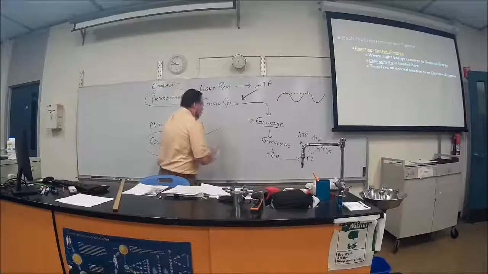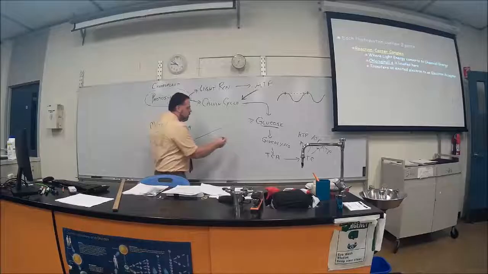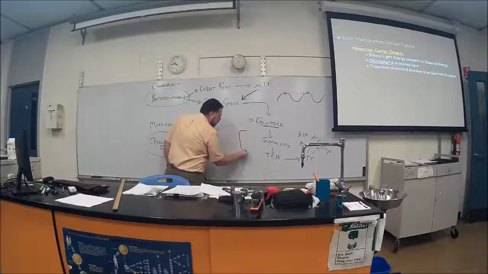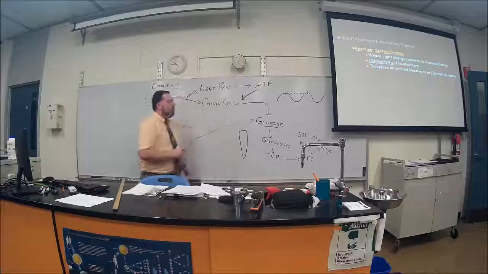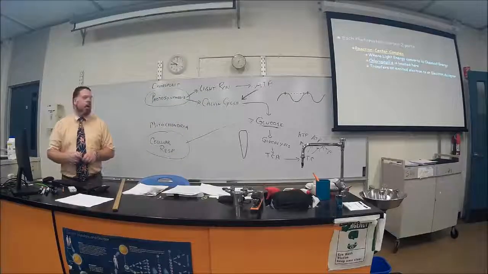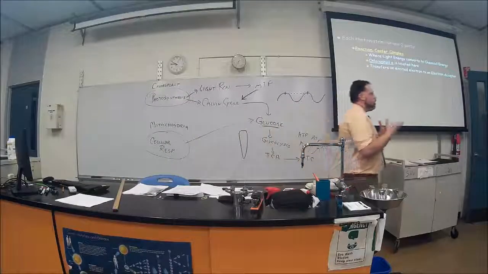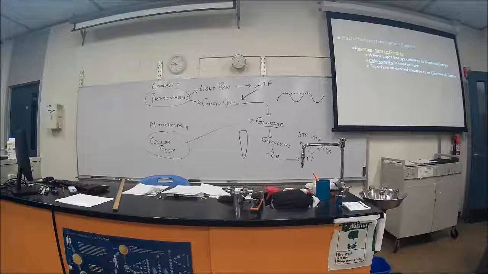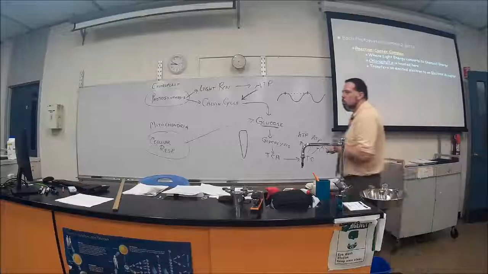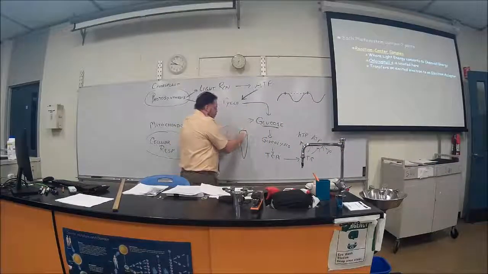But basically, you're going to have a reaction center complex, something that kind of looks like this. And that's the part where the reaction is going to happen. That's where chlorophyll is actually located, at least chlorophyll A. Okay? And this is the part where it's going to actually do the activity of changing that sunlight into chemical energy. But we need to make sure it funnels in to here.